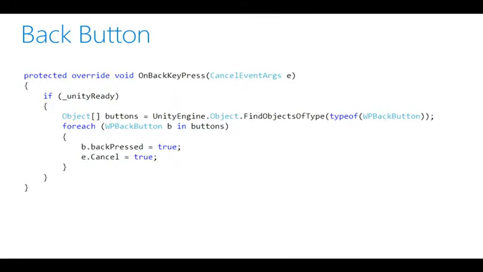But the user experience is that when you press the back button on the Windows Phone, it takes you back to whatever is important to be at. So if you have a pause screen and you hit back, it should just put you back in the game. If you're at the main menu and you hit back, you might prompt before you exit the app, or you might just exit the app.